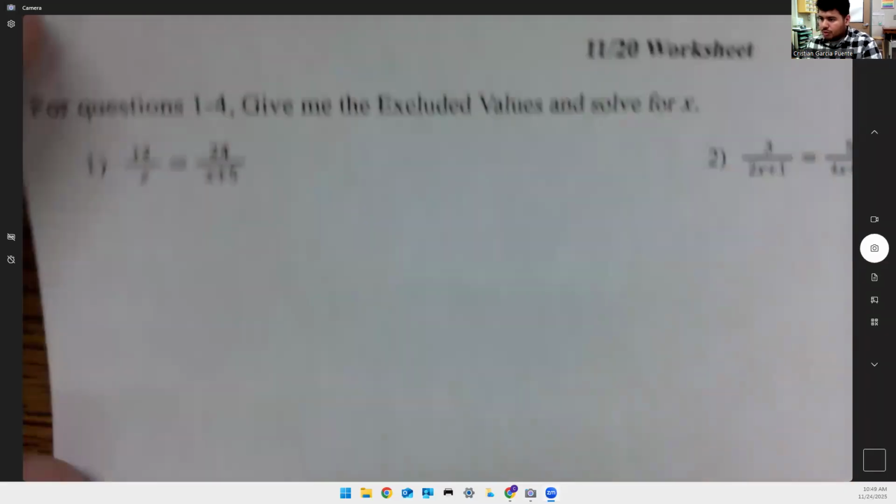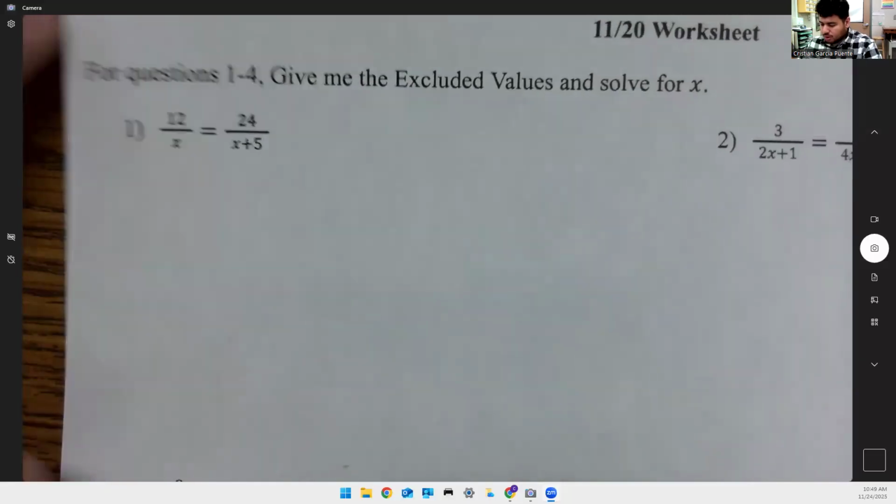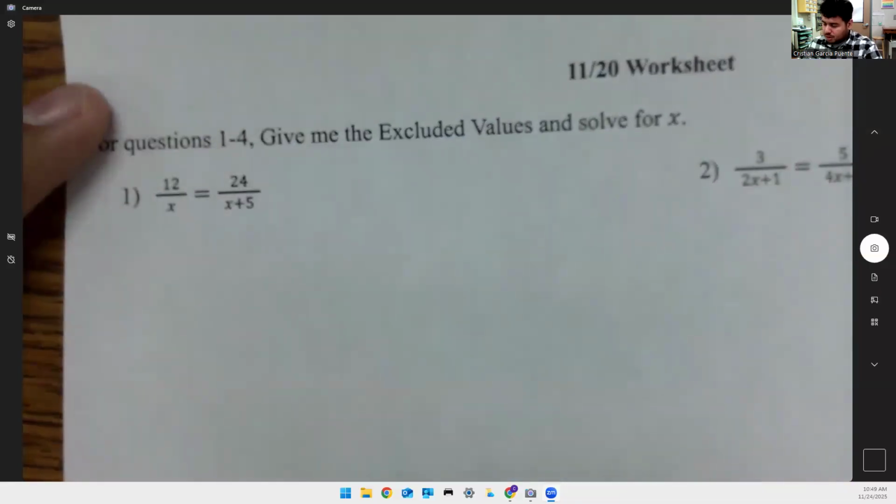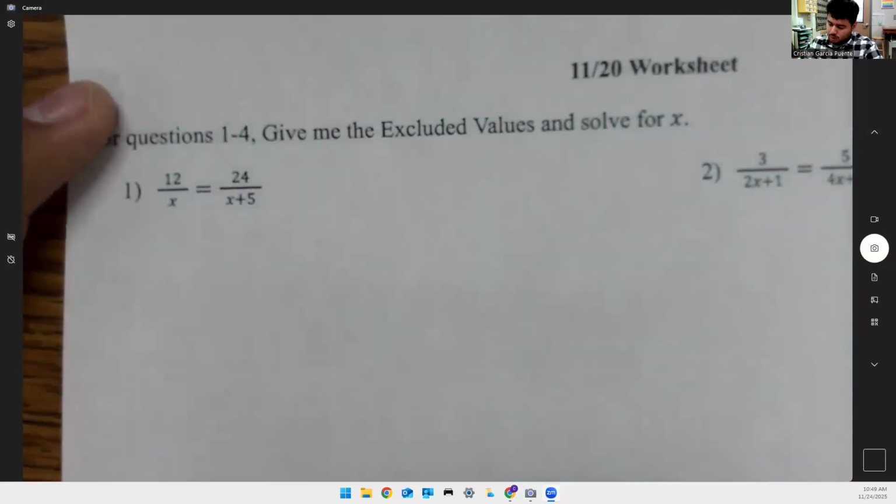And that's it for the notes. But as promised, we're going to do the worksheet together as well. So boom, I have it right here. So for the first question, it asks you to solve for the excluded values and solve for x. So again, I'm going to be quicker with this one.